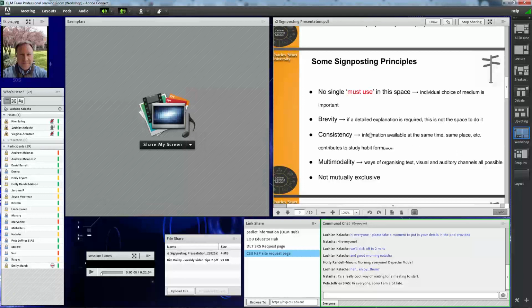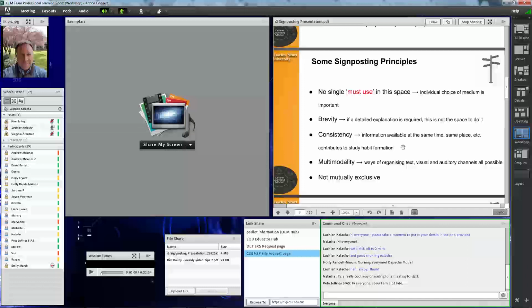Then you've got the next point, which is about brevity. Signposting is not meant to be an exposition provided to the students about what they have to do. It's meant to be brief and starting points, really. It's important that we've got some consistency going on in terms of the frequency that the information's made available to the students, the form that it takes, where they find it.